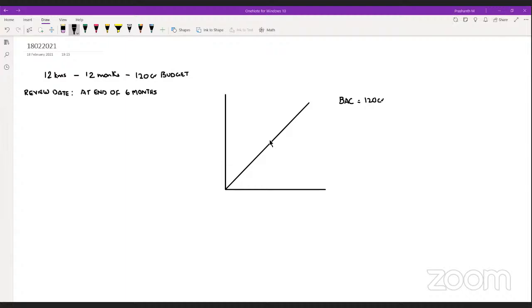If you have completed 6 kilometers worth of a road, how much will the customer pay us? 60 crores. So the 6 kilometers road, whatever we have laid, that will actually earn us 60 crores back. So that we call planned value. We planned to complete 6 kilometers of road that is worth 60 crores.